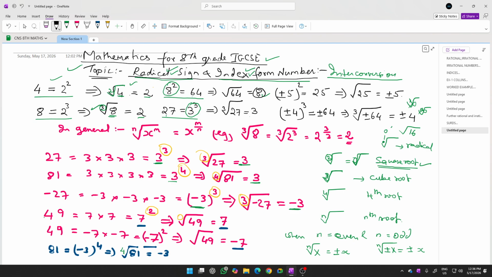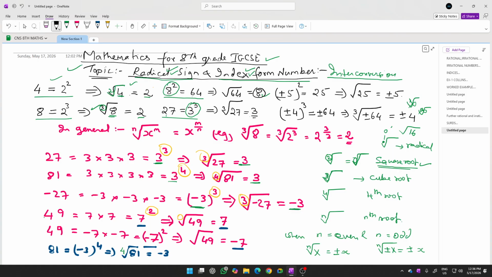So when you see this sign, you can say that the number is in radical form. So 8 is expressed in radical form as root of 64. Same way, 3 can be expressed with a radical sign as cube root of 27, because cube root of 27 is going to ultimately work out to 3.